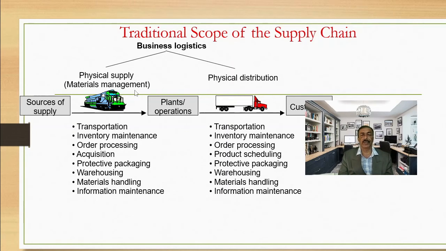For example, many organizations may have inbound logistics or physical supply, and outbound logistics or physical distribution. You can see some similar activities taking place at inbound and outbound, such as transportation, inventory, order processing, acquisition, protective packaging, warehousing, material handling, information, maintenance.